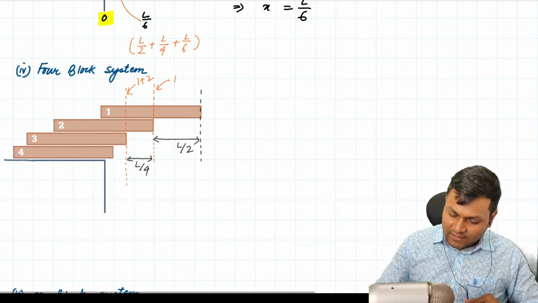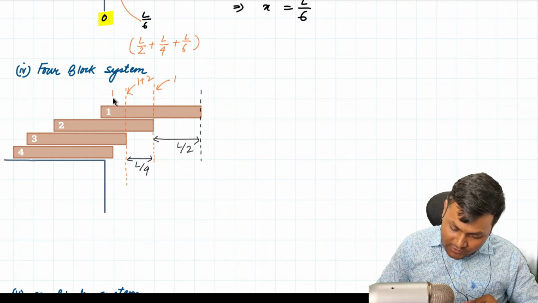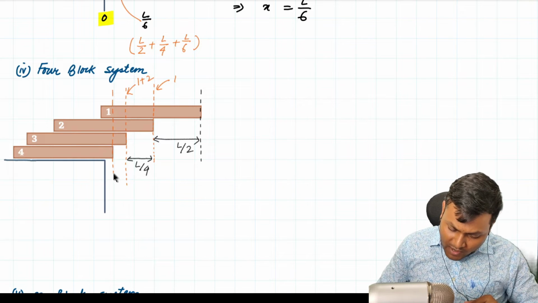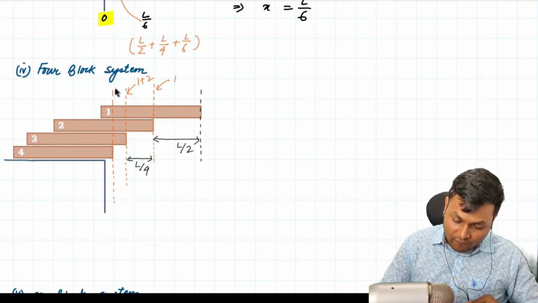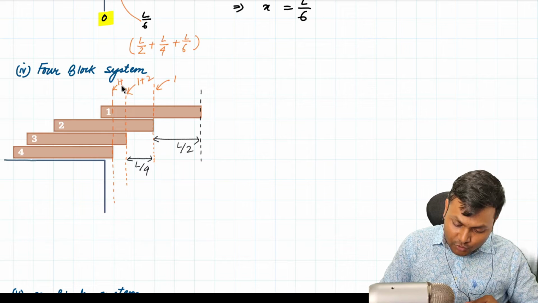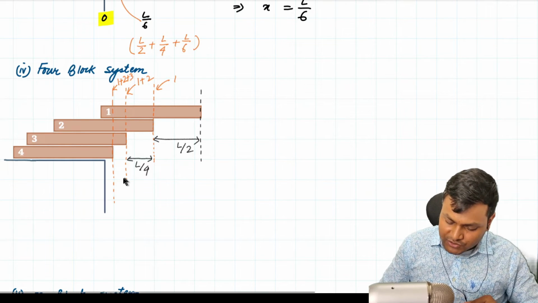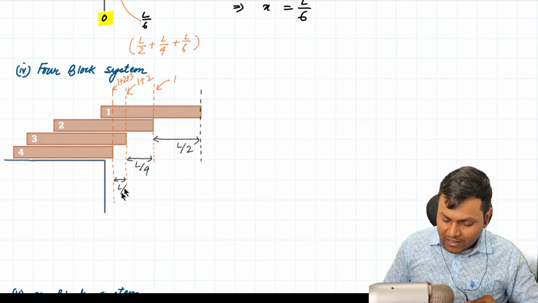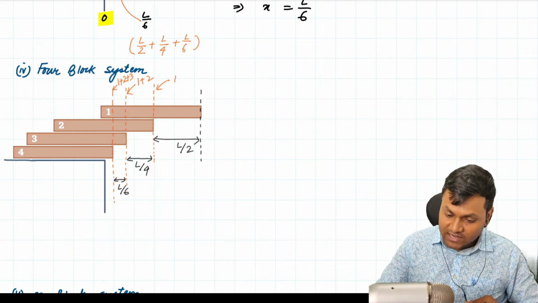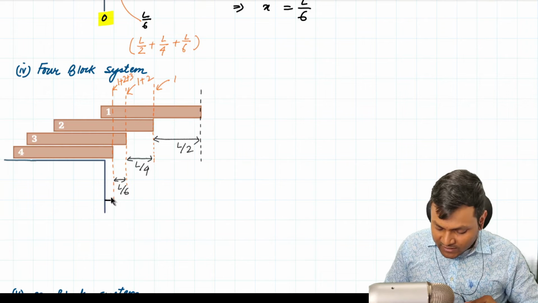And again, similarly, the center of mass of blocks 1, 2, and 3 combined should be on the edge of block 4. So this should be 1 plus 2 plus 3 combined somewhere here. And according to our calculations, this distance is equal to L upon 6.